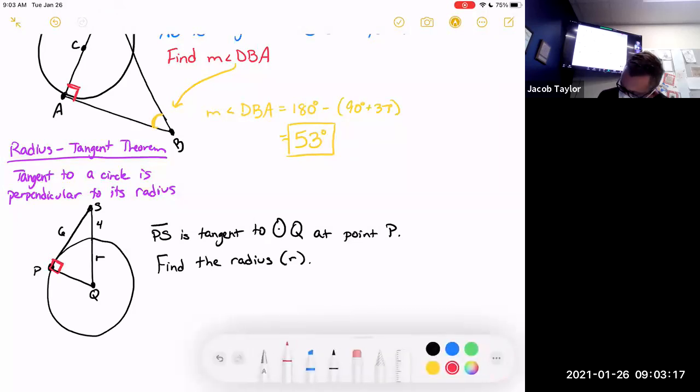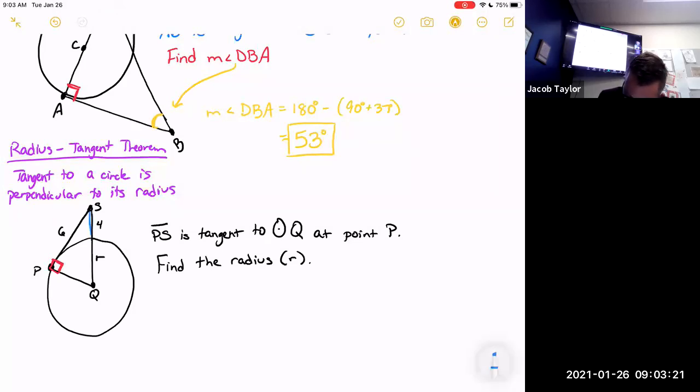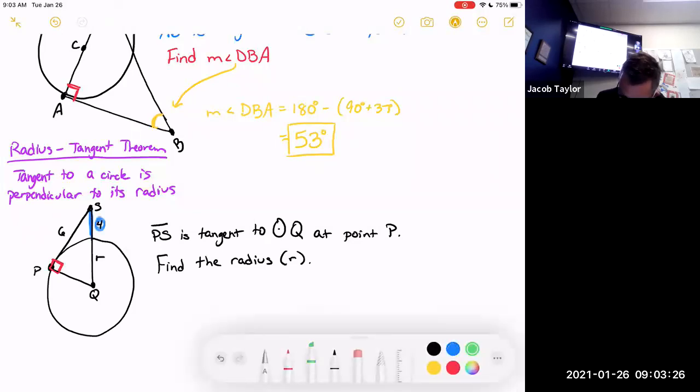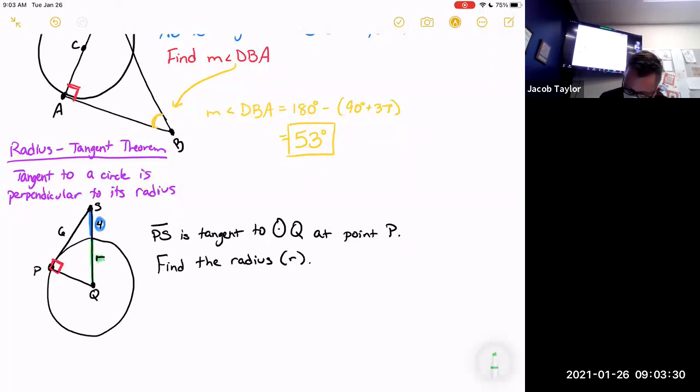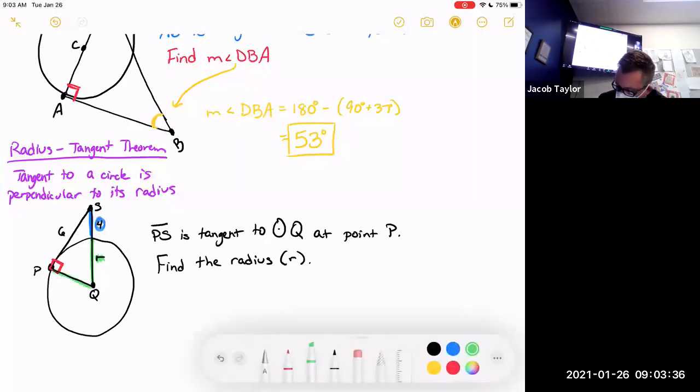It's worth pointing out that whenever a problem is written like this, the 4 refers to just that piece. The R refers to just that piece. So how long is this piece? Same as R. It's also R, right? They're both radii.